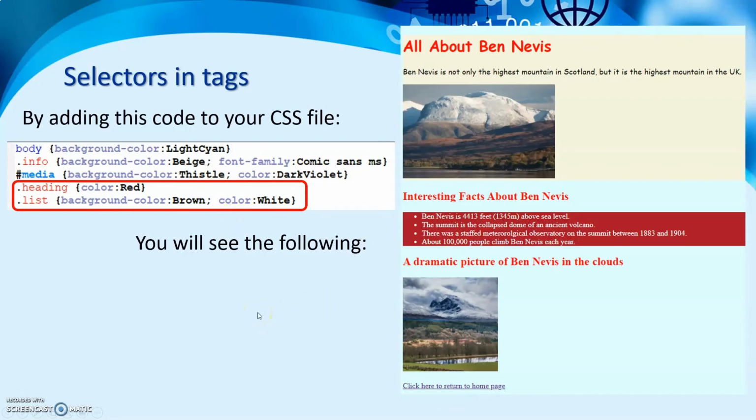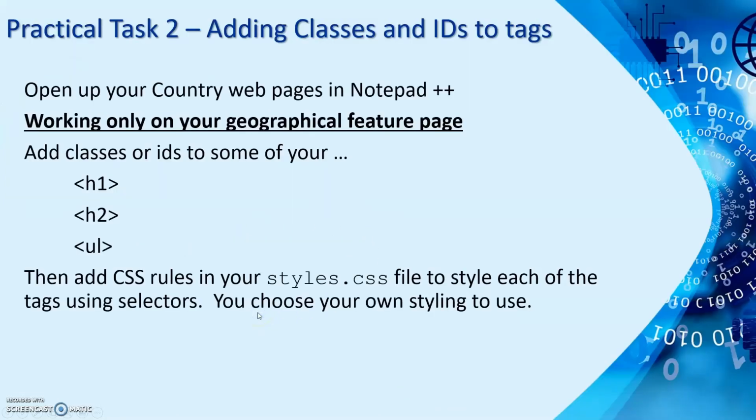Okay, so your second practical task is to add classes and IDs to tags. You've hopefully already got your web pages open, and this time, working only on your geographical feature page, I want you to add some classes or IDs, remember you can only use an ID once, to some of your H1, H2, UL, anything you can find on the page, could be a paragraph.